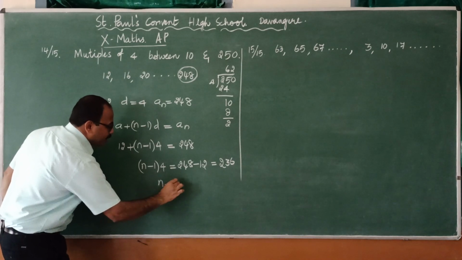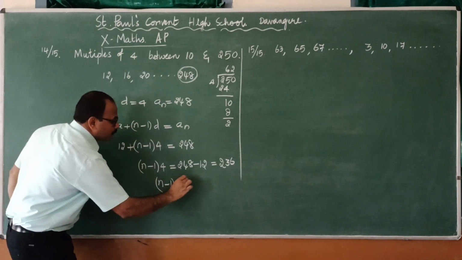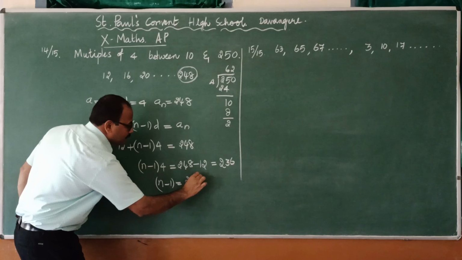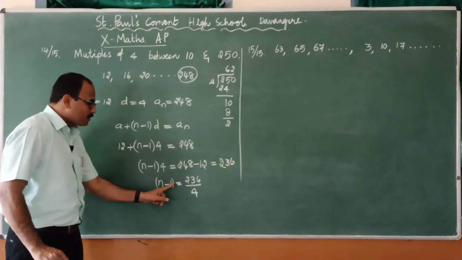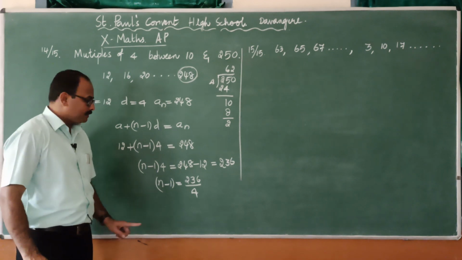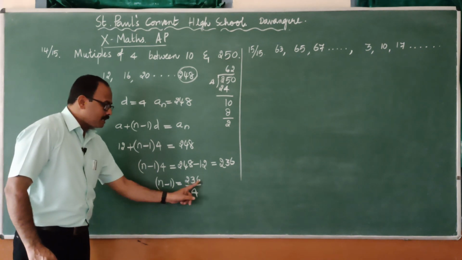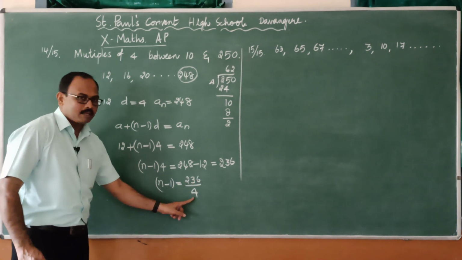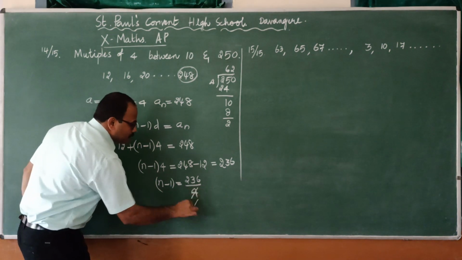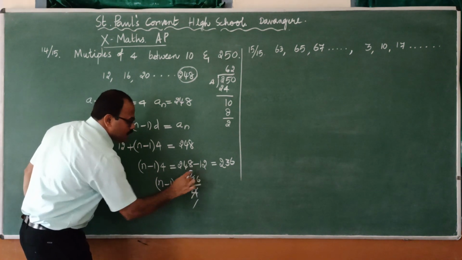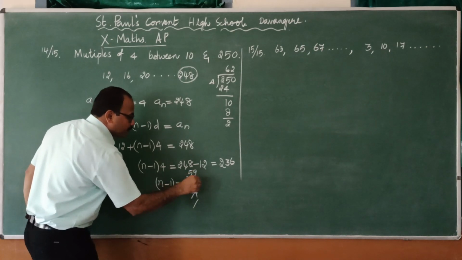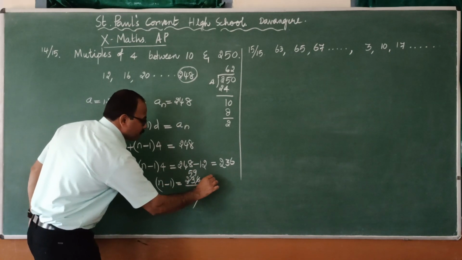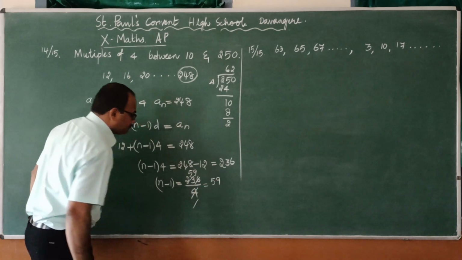n minus 1 will be equal to 236 by 4. This 4 by cross multiplication I have taken. The last two digits are 36, which is divisible by 4. Therefore, 1 4 is 4, 5 4s are 20, remaining 3 comes here, 36, 9 4s are 36, so the result will be equal to 59.